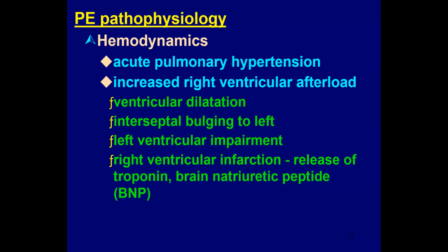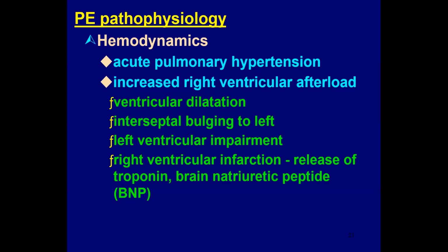The hemodynamics: we get acute pulmonary hypertension, as I just mentioned. This increases the right ventricular afterload, which leads to ventricular dilatation. The ventricle gets larger. Interseptal bulging to the left.